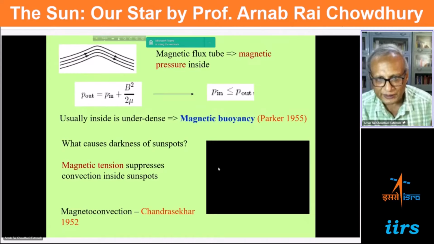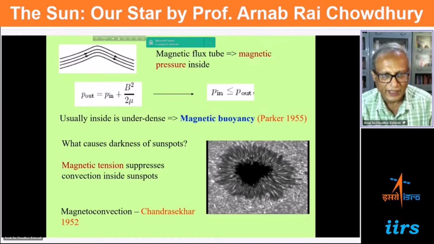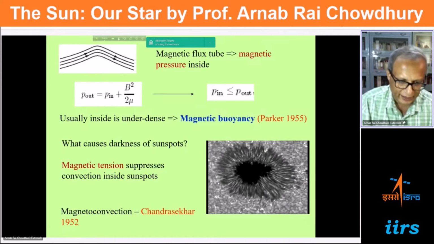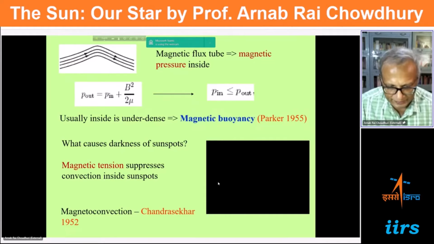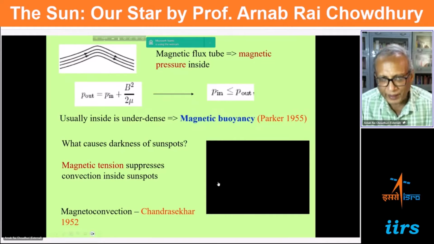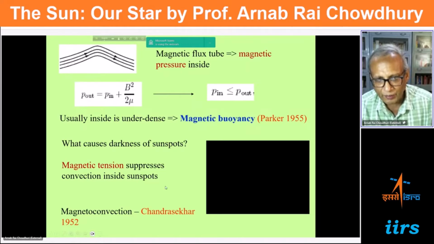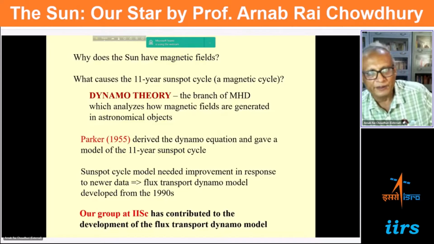So heat transport is less efficient, and that's why sunspots appear darker. So now you have some idea how, by combining these ideas of flux freezing, magnetic pressure, and magnetic tension, we can explain various aspects of sunspots.